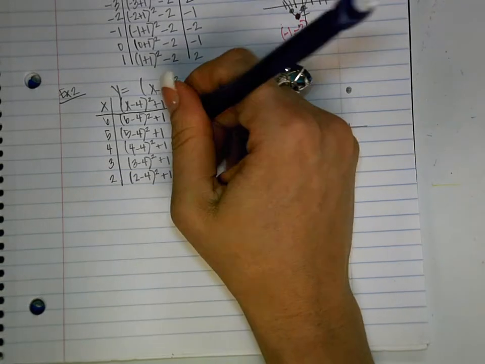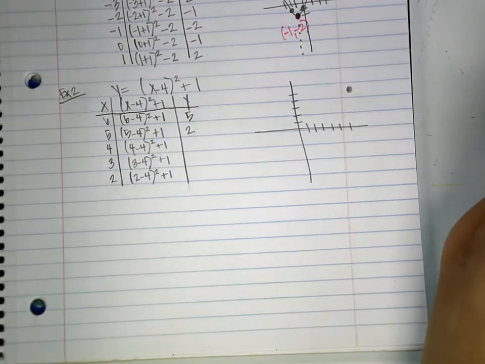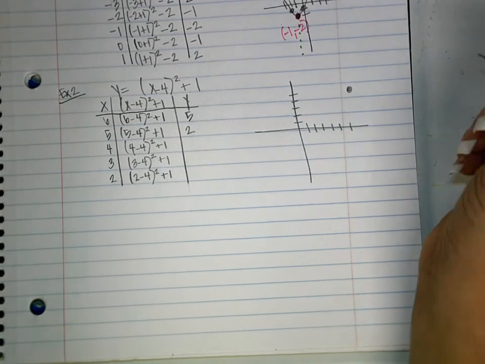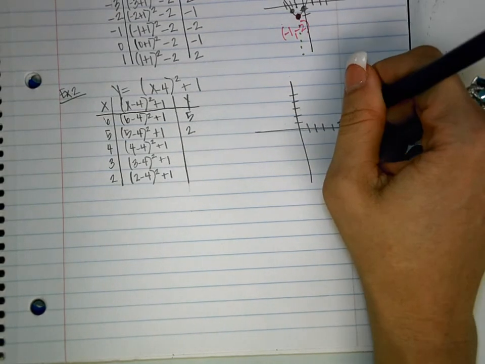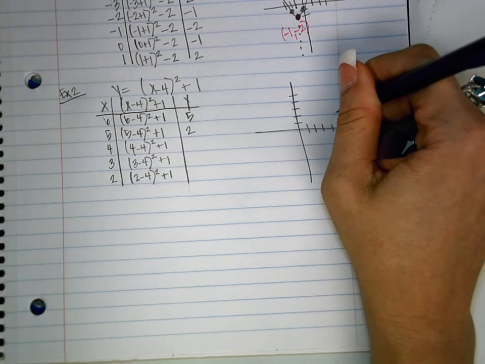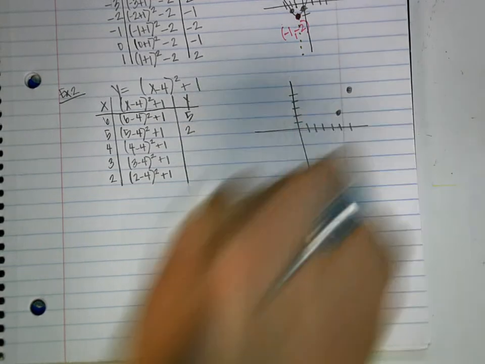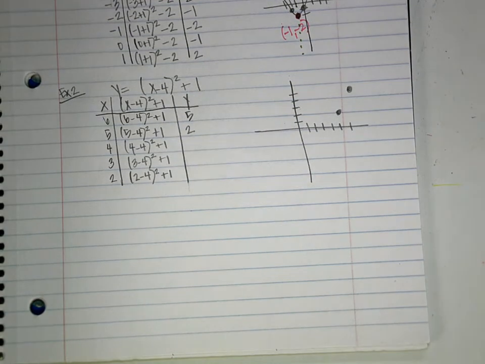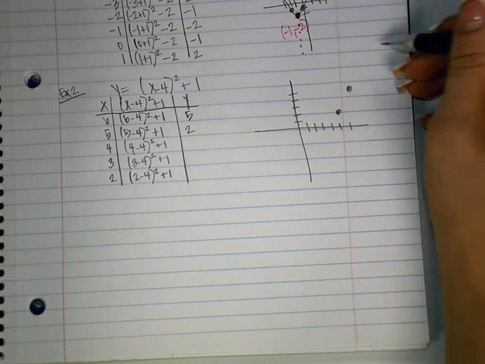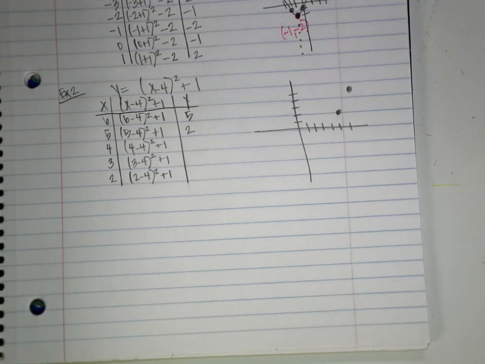Plus 1 is 2. So my next point is over 5, up 2. Yes, you could plug in any numbers. However, I'm giving you numbers that are going to make a nice parabola shape. If you pick random numbers, you might get only the right side of a parabola and not the whole thing. So I'm giving you these numbers.